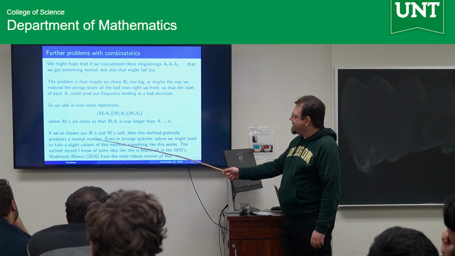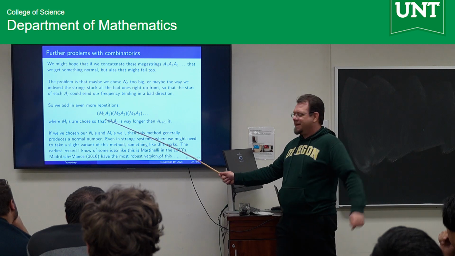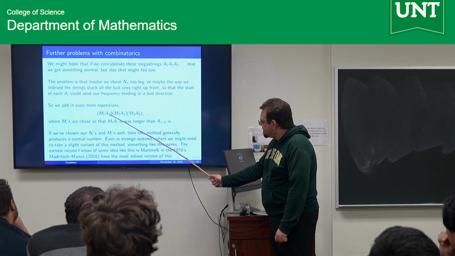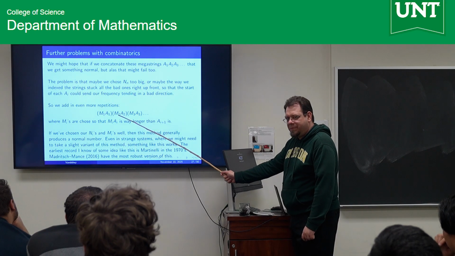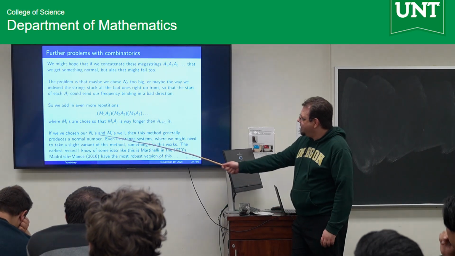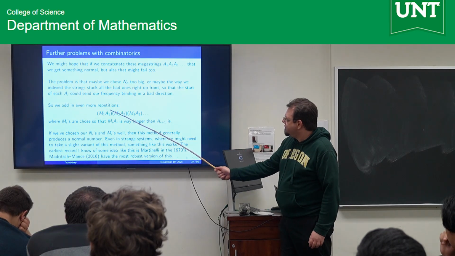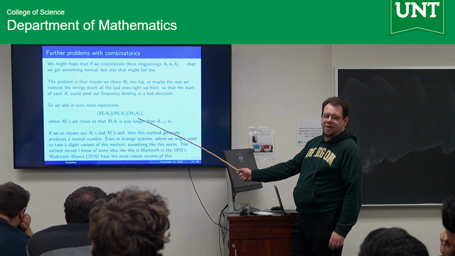So what we should do instead is now start to repeat those massively long strings a whole bunch of times. So take that big string from the last slide, repeat it a whole bunch, look at the one that involves 2 digits, repeat that a whole bunch, the one that involves 3 digits, repeat that a whole bunch, and so on and so forth. And you choose your M_i so that the length of any one of these is much longer than the first appearance of the next one.